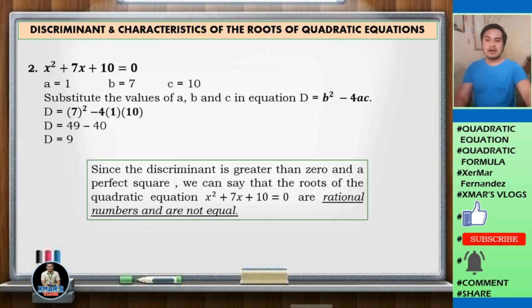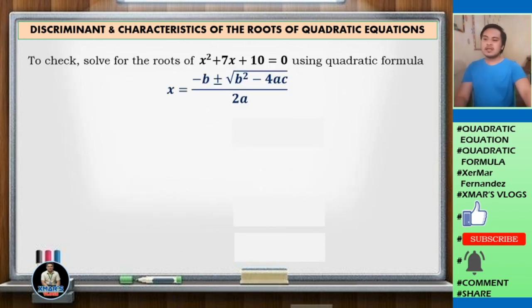So they are rational and not equal. Let us check. To check, solve for the roots of x squared plus 7x plus 10 equals 0 using the quadratic formula. So again, we have this quadratic formula, x equals negative b plus minus square root of b squared minus 4ac all over 2a.